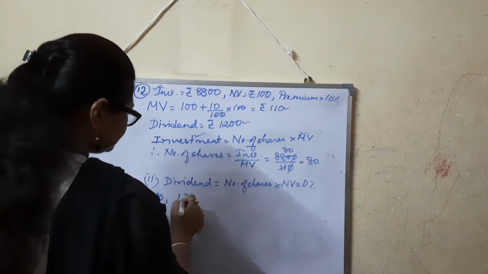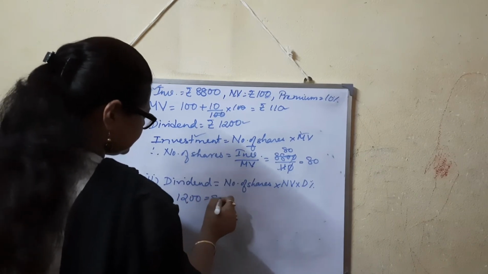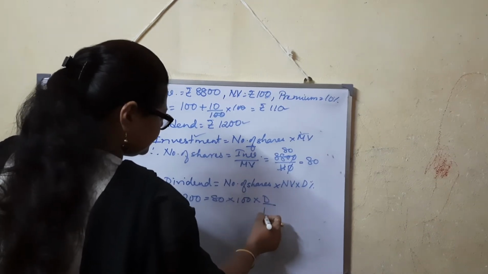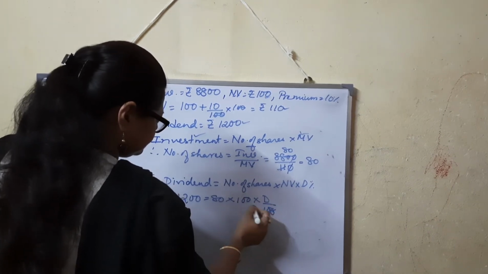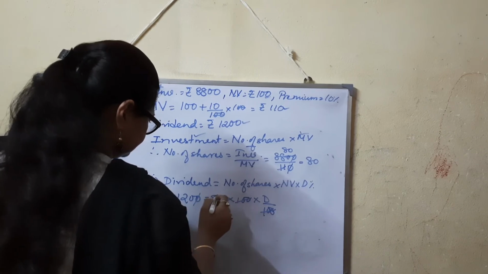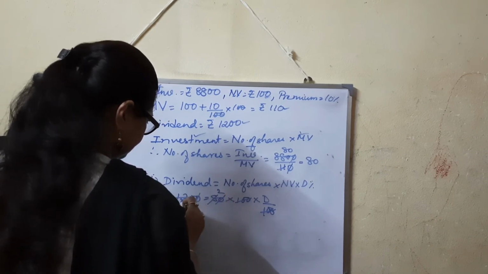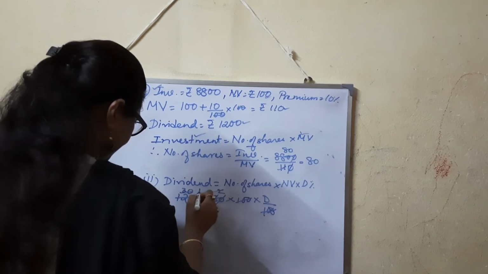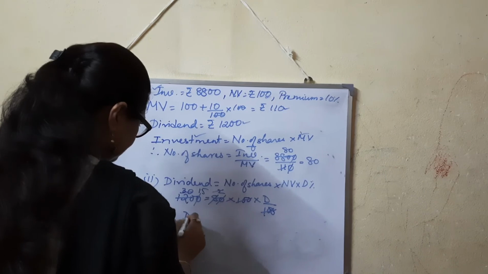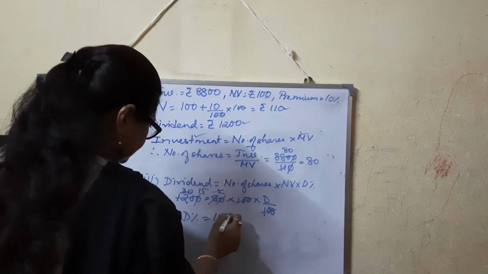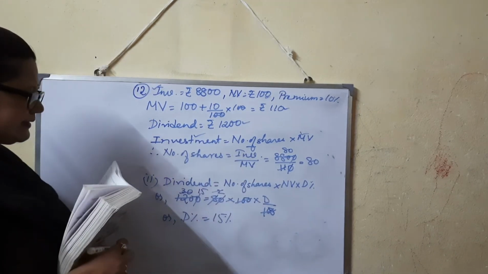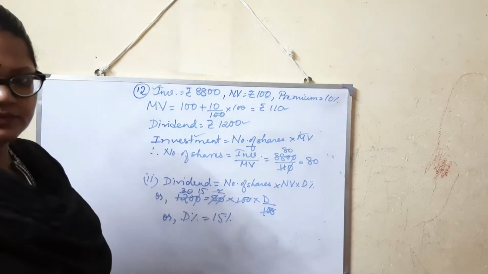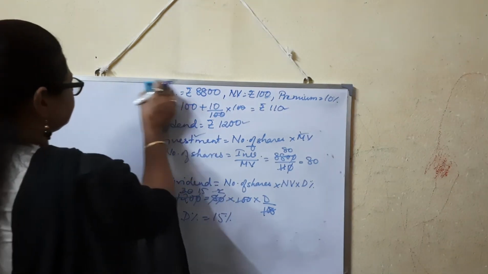Dividend is 1200, number of shares 80, nominal value is 100, dividend percent we don't know, we take it to be D. So what we get, dividend percent is 15%. Clear? The simple sum. Okay. Now let's move on to the next one.